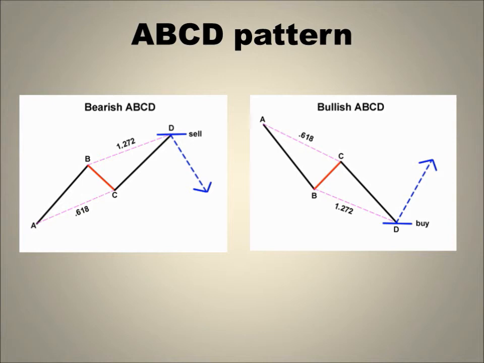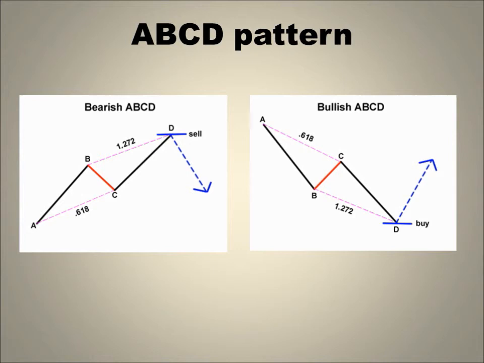Just like we have a bullish ABCD, again, we're focusing on the corrective wave pattern. So these waves that we're looking at right here, these could be the wave 2s or the wave 4s of the respective patterns.